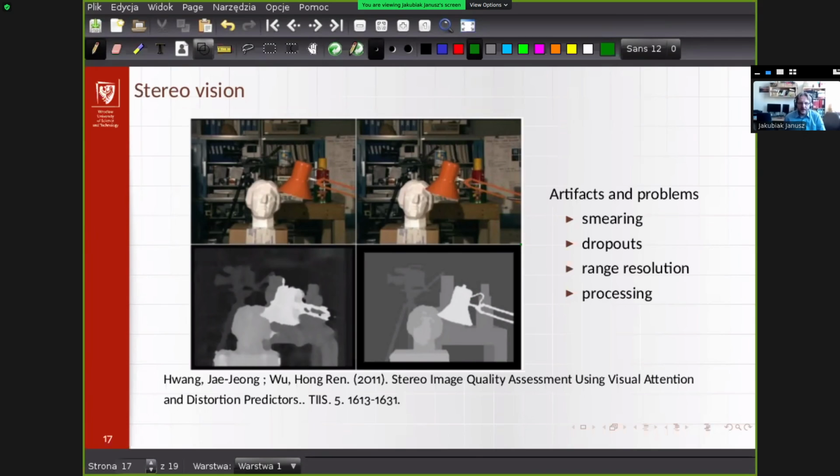And what can be these artifacts and problems? Some kind of smearing, that's usually related with shadows, that can cause some mismatch between the points. So you match the point with a point that is a little bit different.